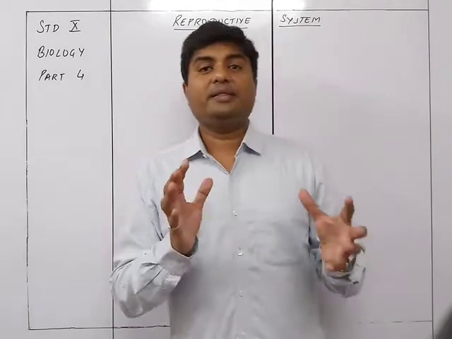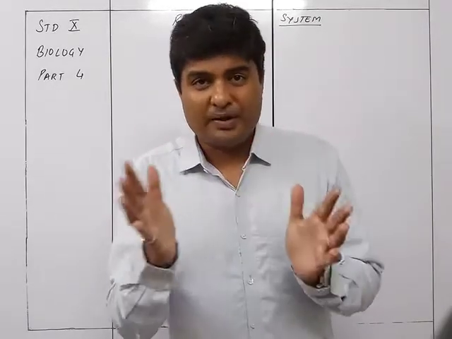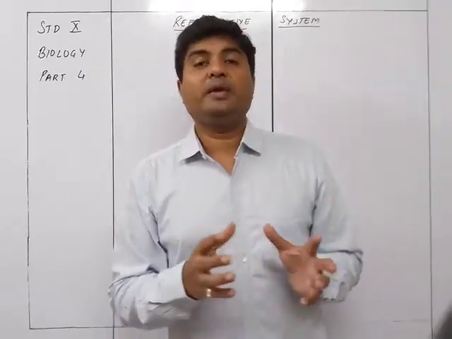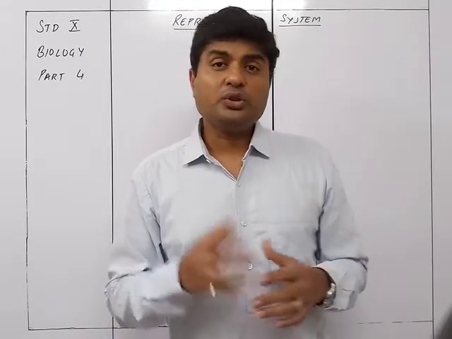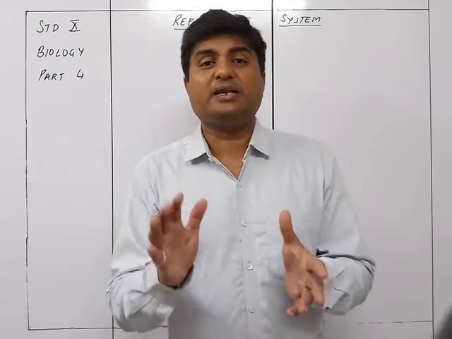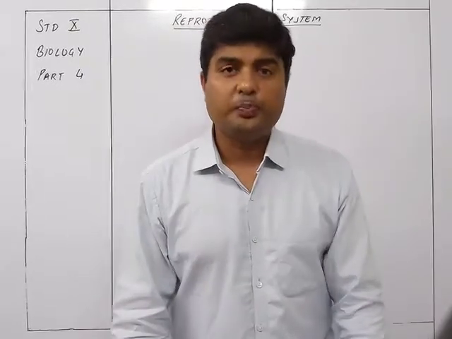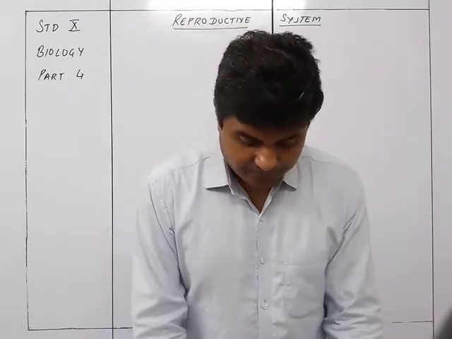So for that time period of 280 days, progesterone will be present in the blood so that there is no shredding taking place. So the menstrual cycle is going to stop during those months of pregnancy.